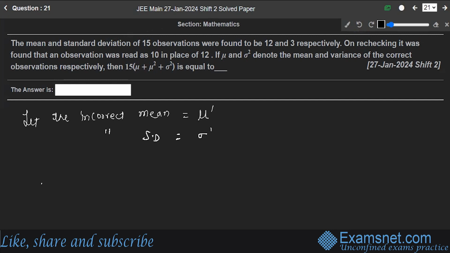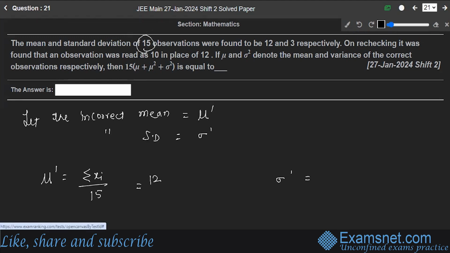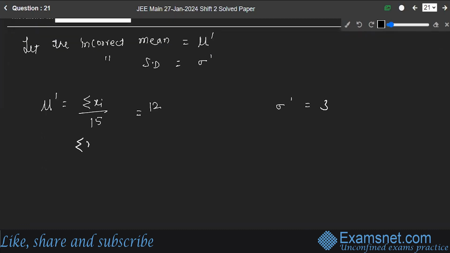According to the question, mu dash is equal to sigma xi divided by 15, as total 15 observations were there. In the question it is given that it was 12, and sigma dash is equal to 3. So from here, sigma xi is equal to 12 into 15, which is 180.